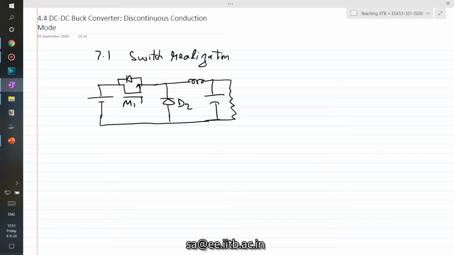This was the DC to DC buck converter which we have seen. Let me just mark this as the load resistance.